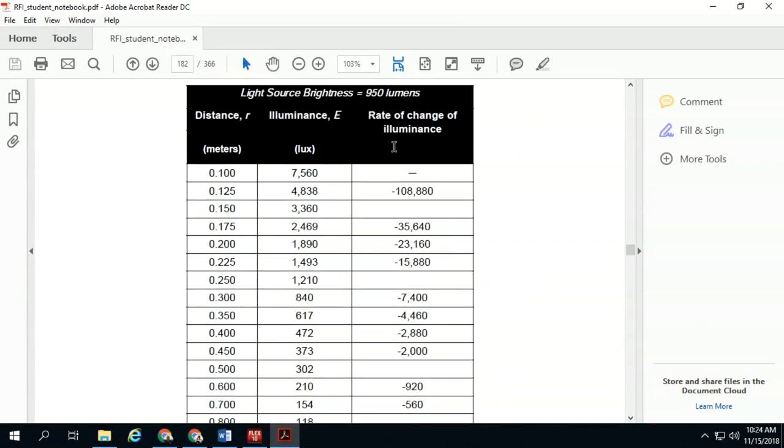These are rates of change of illuminance. So let's look at the math for that first one. If we go from 0.125 back down to 0.1, the illuminance changes from 4,838 down to 7,560.